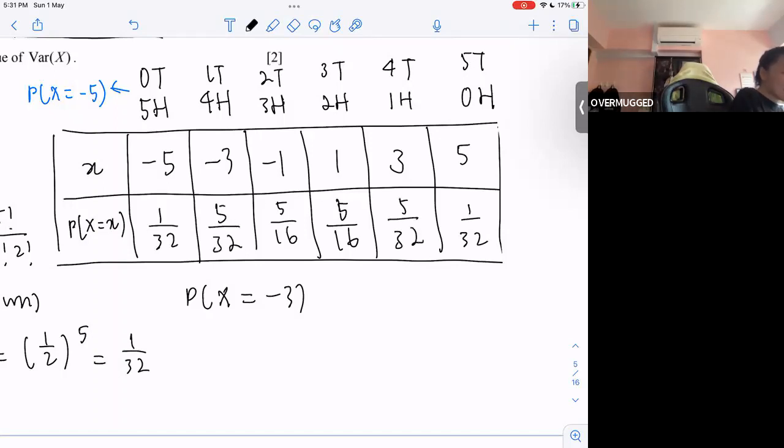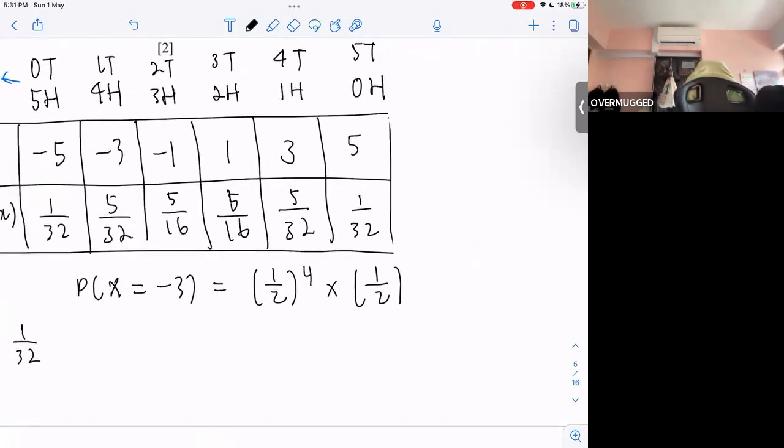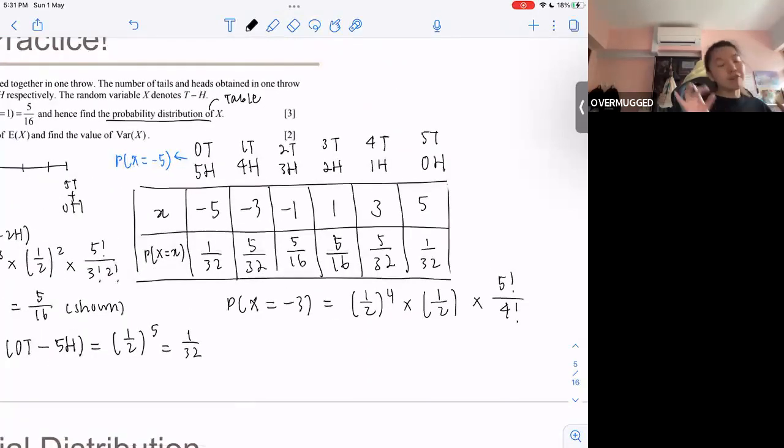So what did we do over here? What did Rachel do over here? She probably did half to the power of 4 times half, correct? Times 5 factorial to choose which one you got first, divided by 4 factorial because you have the same, like 4 heads or 4 tails.